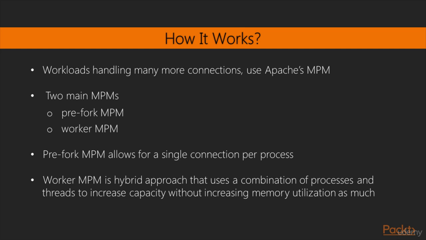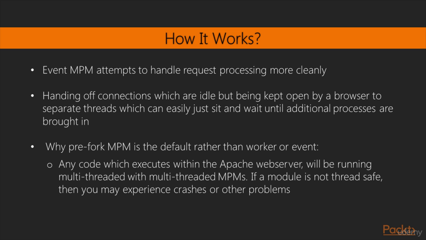The worker MPM is a hybrid approach that uses a combination of processes and threads to increase capacity without increasing memory utilization as much. This MPM module adds an additional directive called ThreadsPerChild that defines the number of threads each process will run.